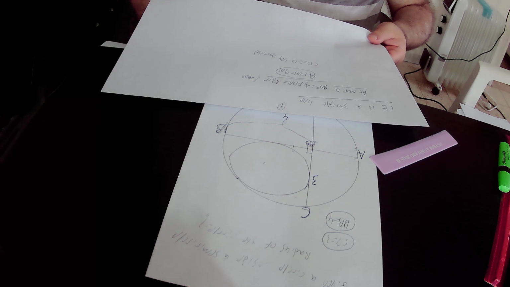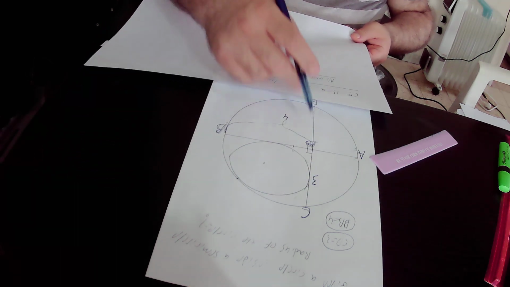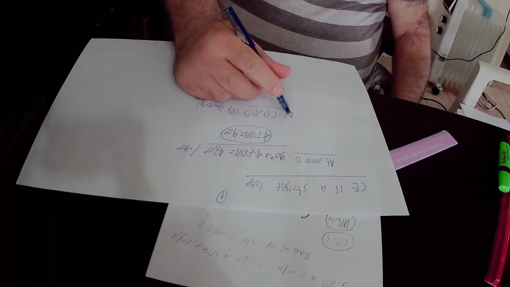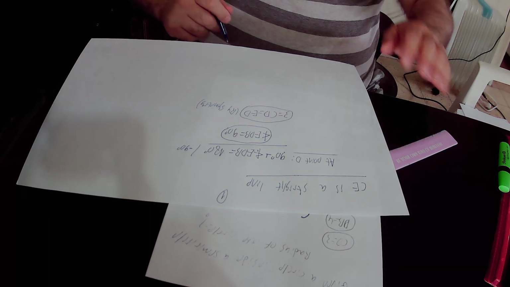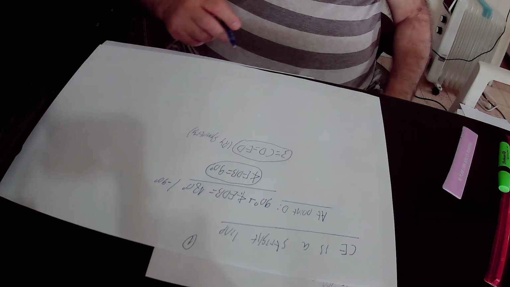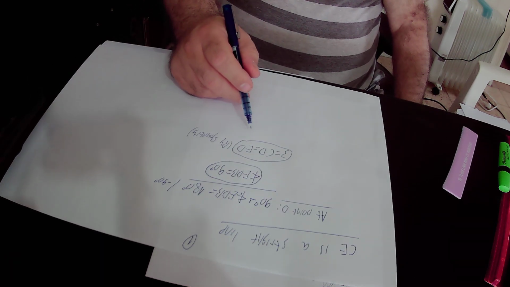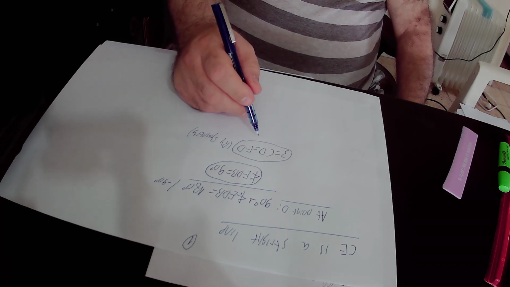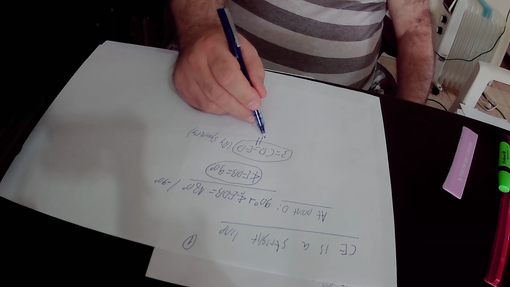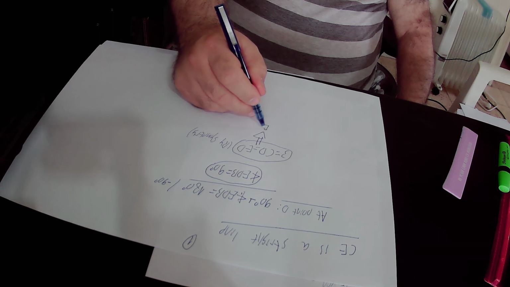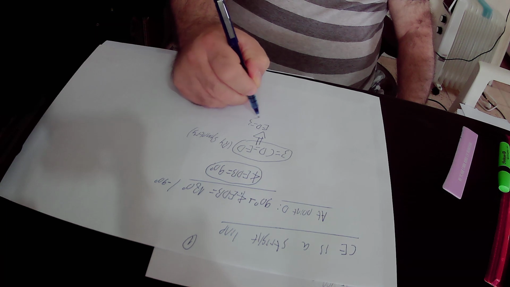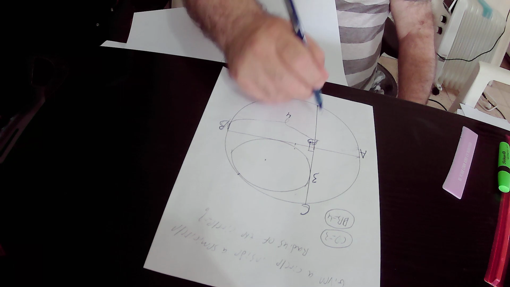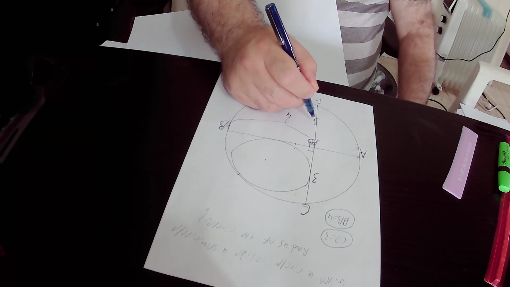Okay? So CD equals 3 units according to what is given in the question. So from this equation, ED equals CD equals 3 units. We conclude that ED is also equal to 3 units.